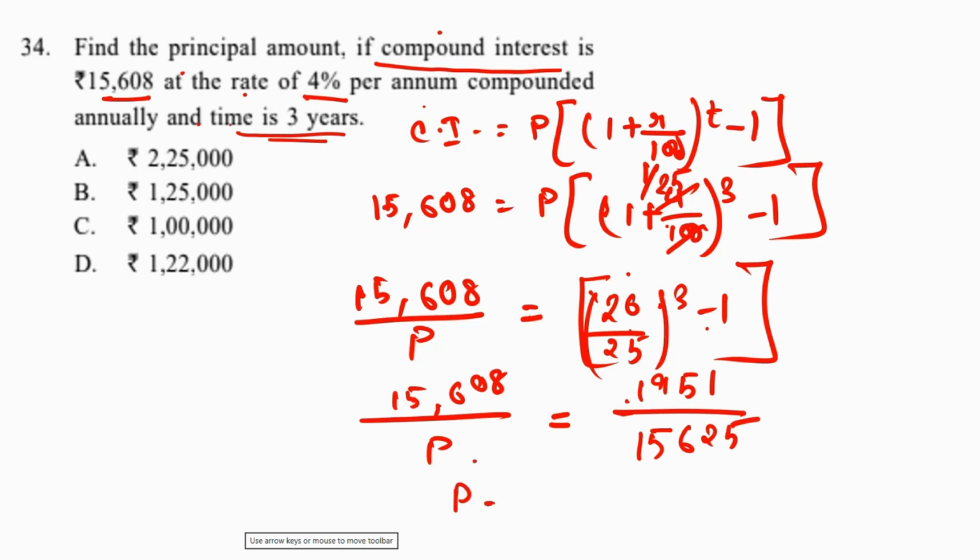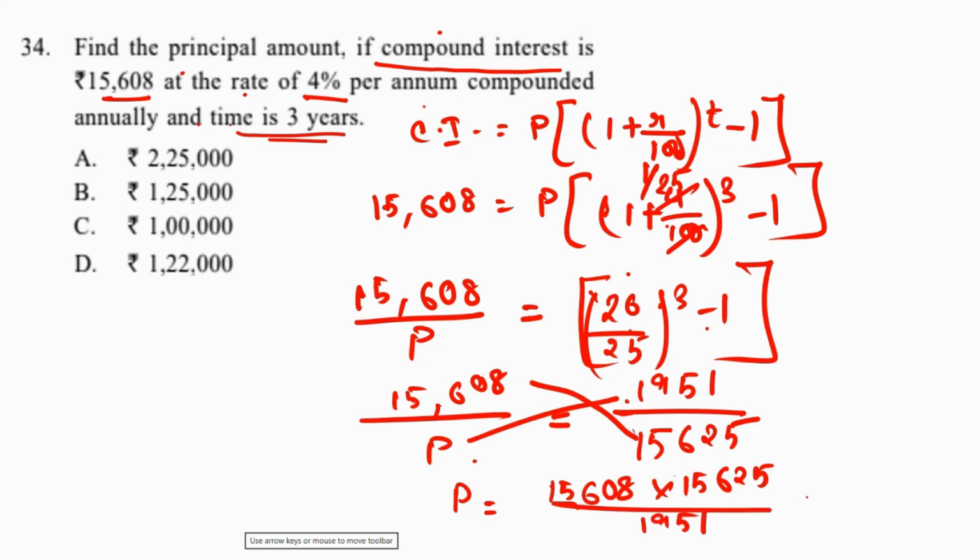So what's P then? 15,608 multiplied by 15,625, cross multiplication we have to do here, divided by 1,951. If we simplify this, we would get 1,25,000. Option B is the answer hence.